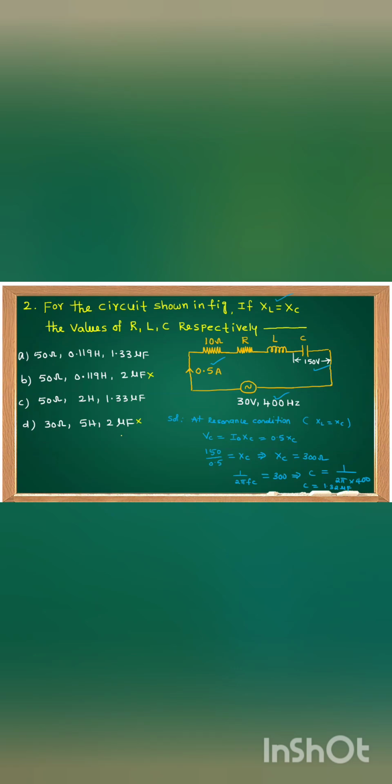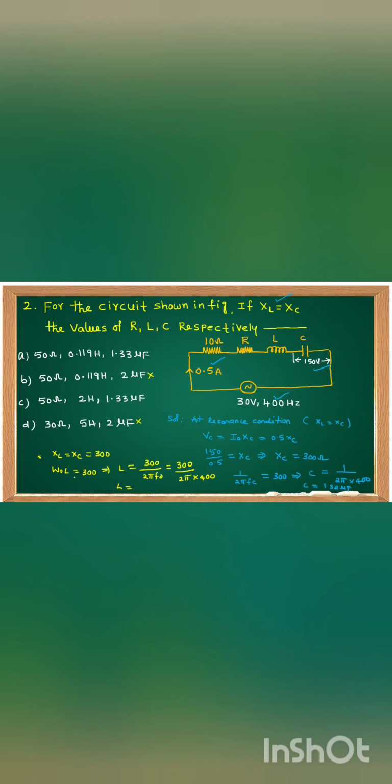Okay. Next, we have to calculate one more parameter. We know that at resonance condition, XL equal to XC. Then what is XC? 300. Omega naught into L equal to 300. Then we write L equal to 300 by 2 pi F naught. 300 by 2 pi into what is F naught? 400 Hz.